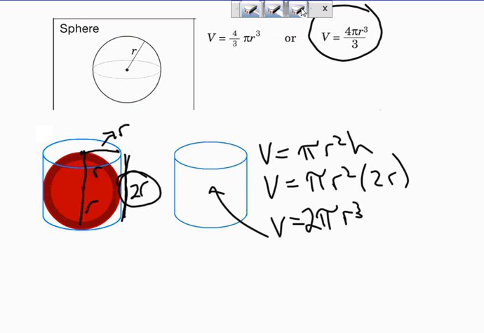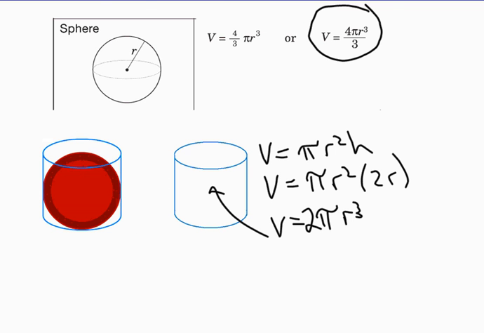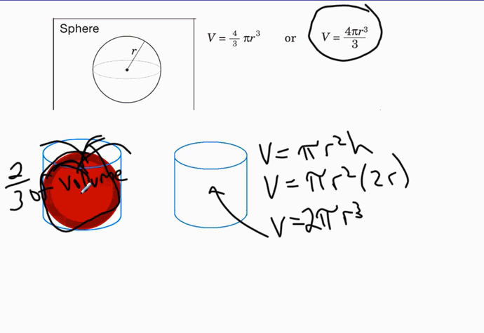And again, what you hopefully discovered in a previous grade, standing in front of a water table or a sand castle or something, is that this sphere takes up exactly 2/3 of the volume of that cylinder. So for example, if this cylinder was full of water and I pushed or forced this ball in, then exactly 2/3 of the water would spill out because that's the same volume that the ball takes.